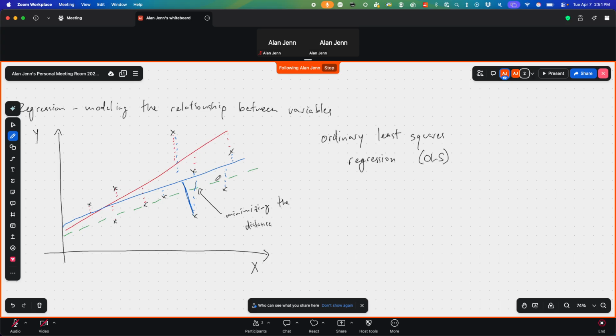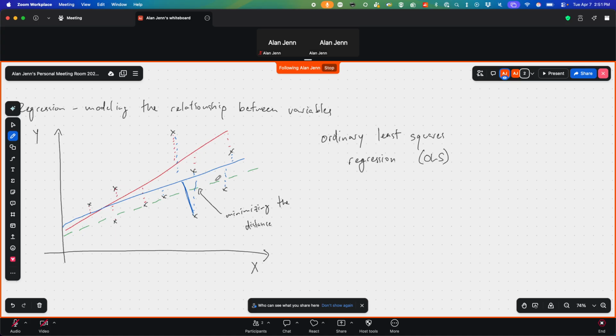But actually, the reason why we do it as least squares is more for historical reasons: doing the absolute value is analytically a little bit more difficult. If you're doing it as a square, you can actually come up with an analytical solution for solving for the parameters of your OLS model.